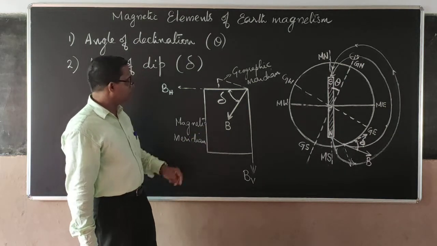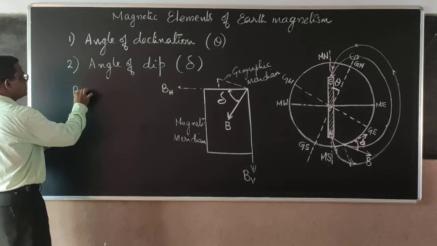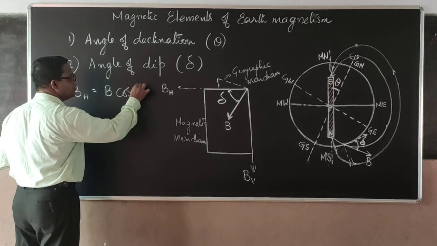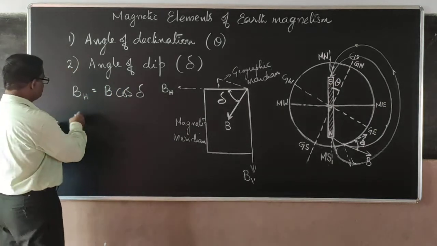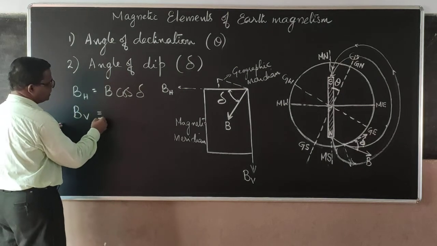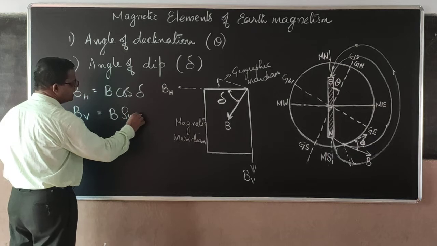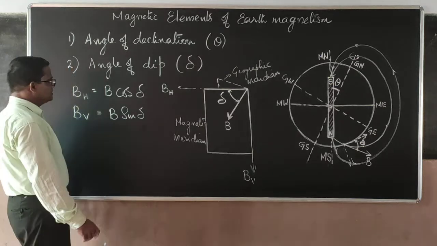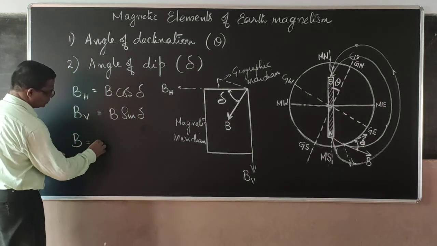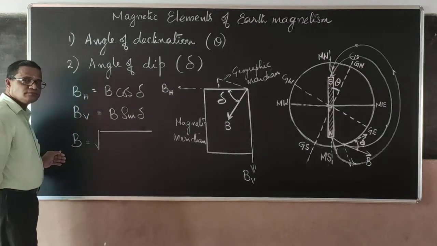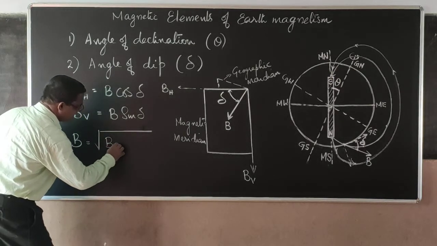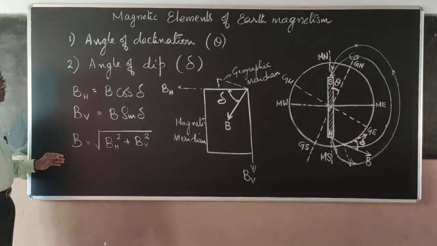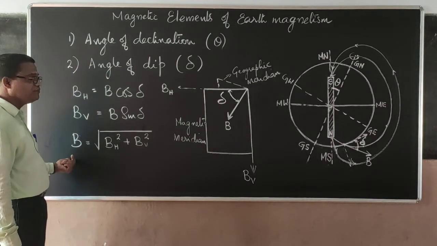Now from this you can find that BH will be equal to B cos delta, and the vertical component BV will be equal to B sin delta, such that B equals root of BH square plus BV square, squaring and adding these two to get the B value.